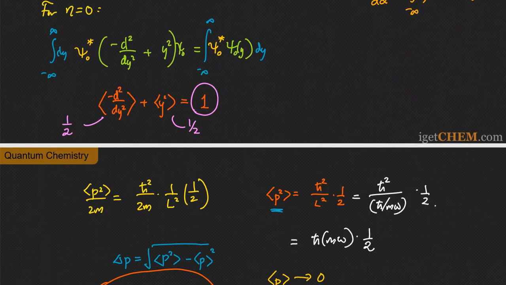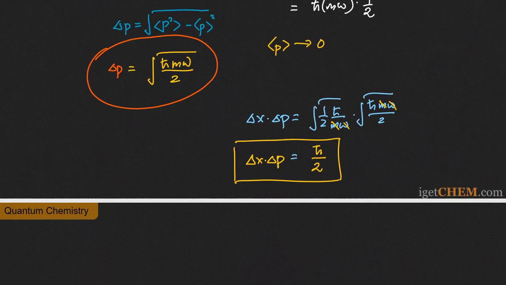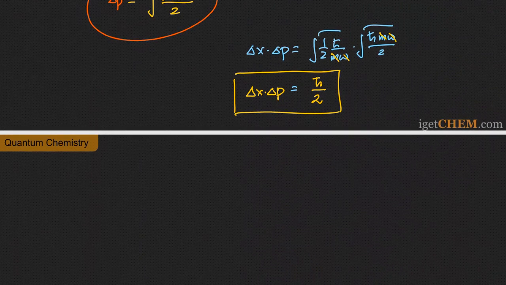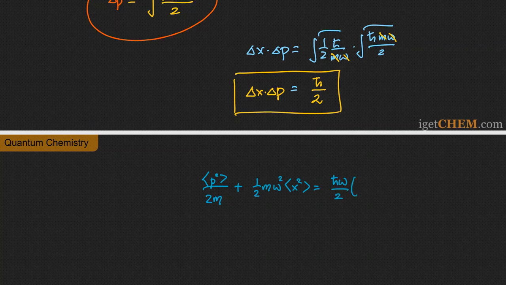To quickly go through that, remember the way we did the problem is to essentially take p squared over 2m, and the other term is 1/2 m omega squared times the expectation value of x squared, and that is equal to the eigenenergy of the harmonic oscillator.